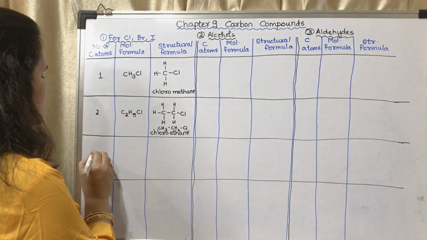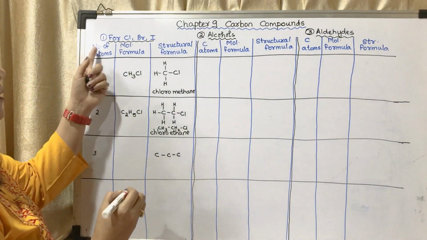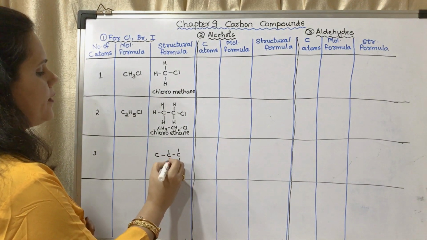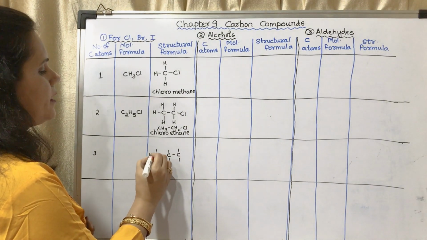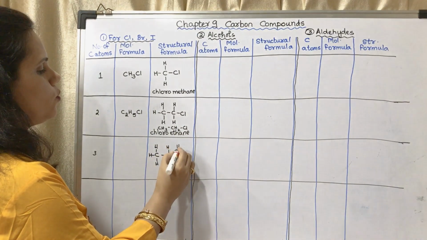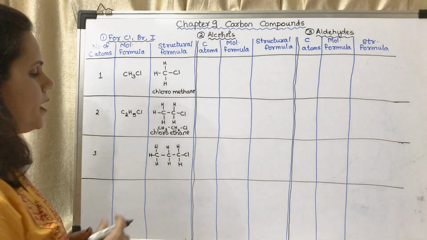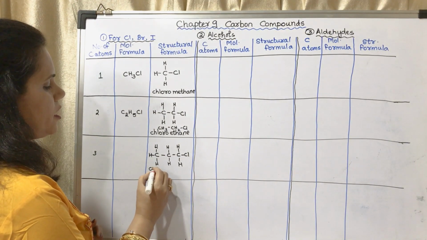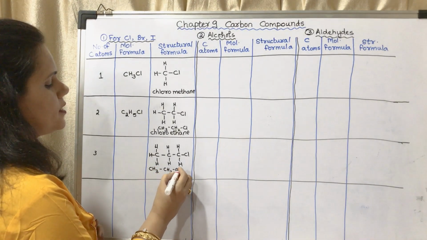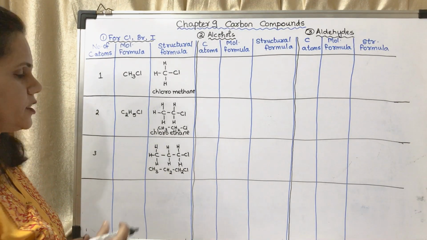Now the third one is 3 carbon atoms. It is having H on every side, but 1 H is substituted with Cl. Its condensed structural formula will be CH3CH2CH2Cl.